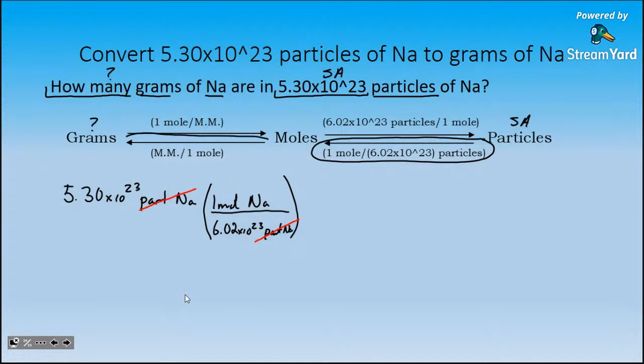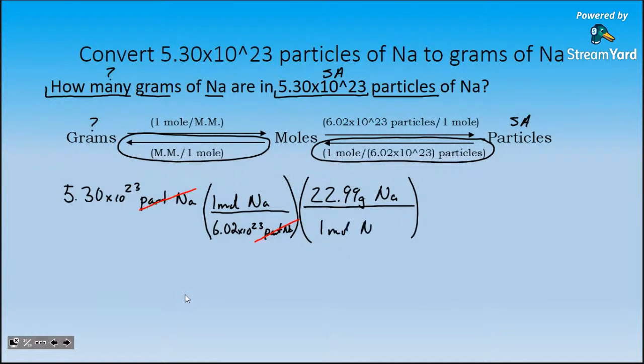And then my second step of converting moles to grams, I'm going to need the molar mass of sodium, which on the periodic table is 22.99 grams of sodium. And that's going to be per 1 mole of sodium. And again, the numerator in the first step, those units cancel the units in the denominator of the second step.